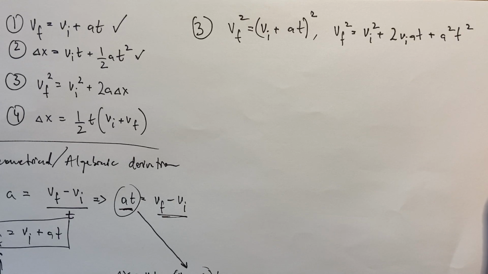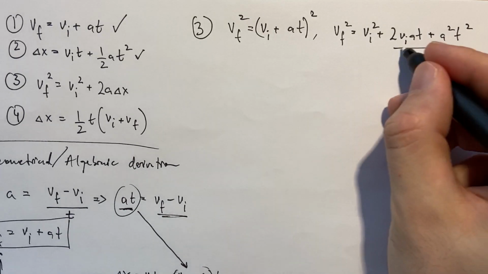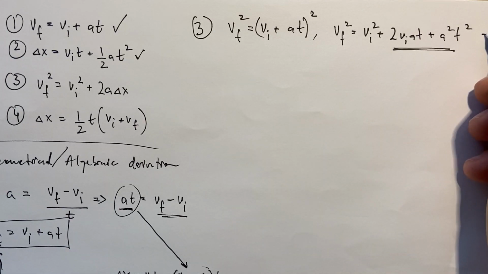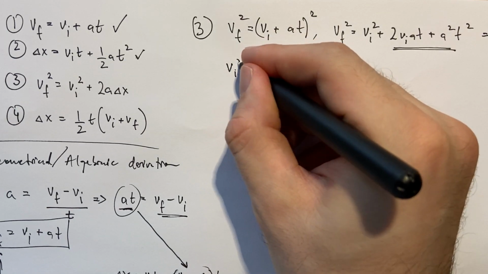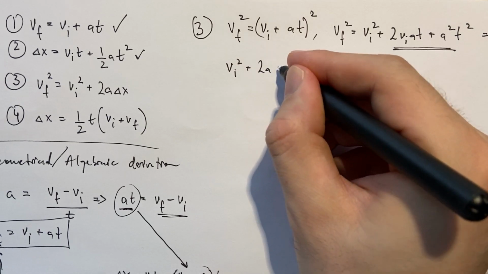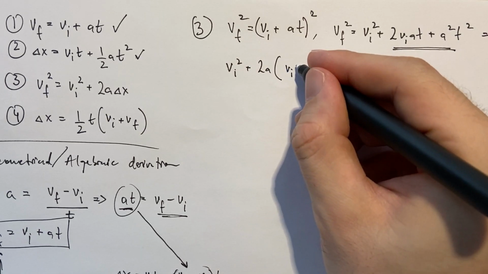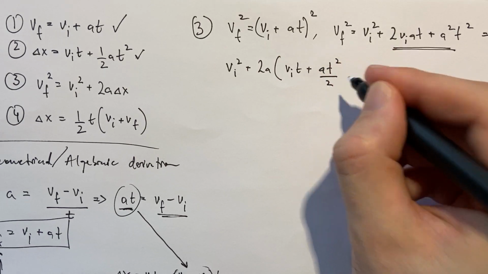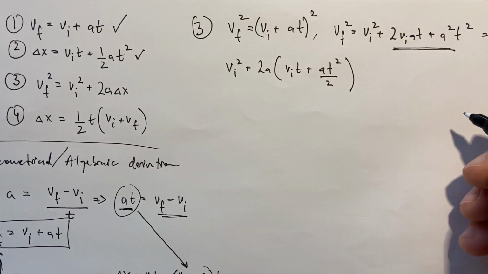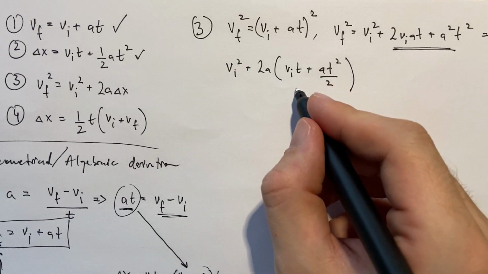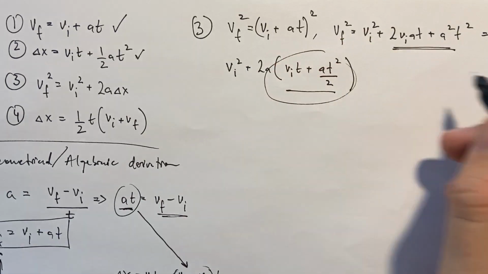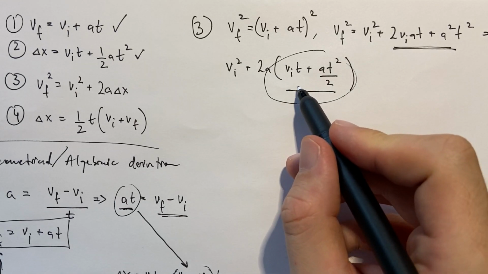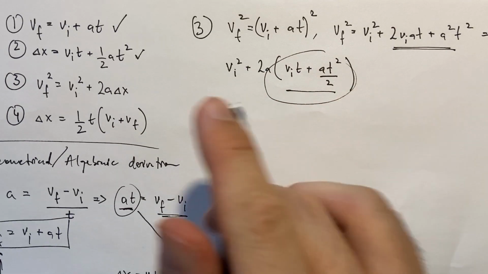And what we're going to do now is that we will, from this expression, factor out 2a. This will give us vi squared plus 2a times vit plus at squared divided by 2. And look at this now. What is this expression? Well, this expression, that is the second equation of motion.